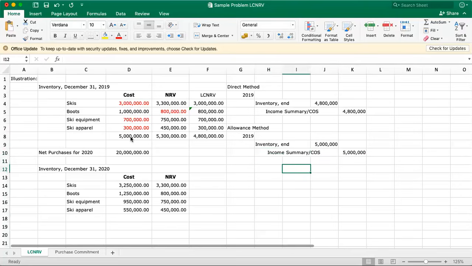Then, let's compare and see what the difference is. You have the cost and the LCNRV. You have 5 million cost versus the 4,800,000.